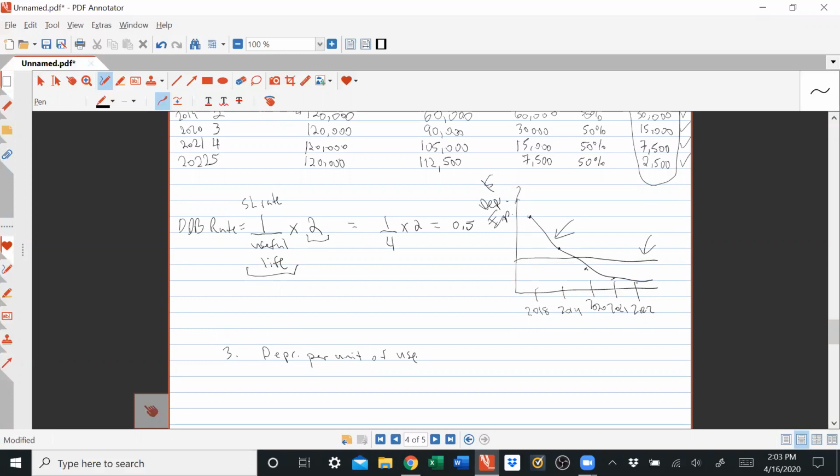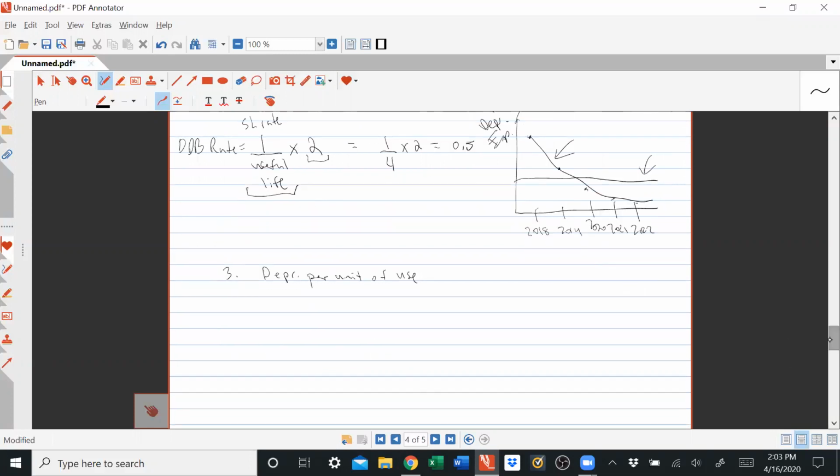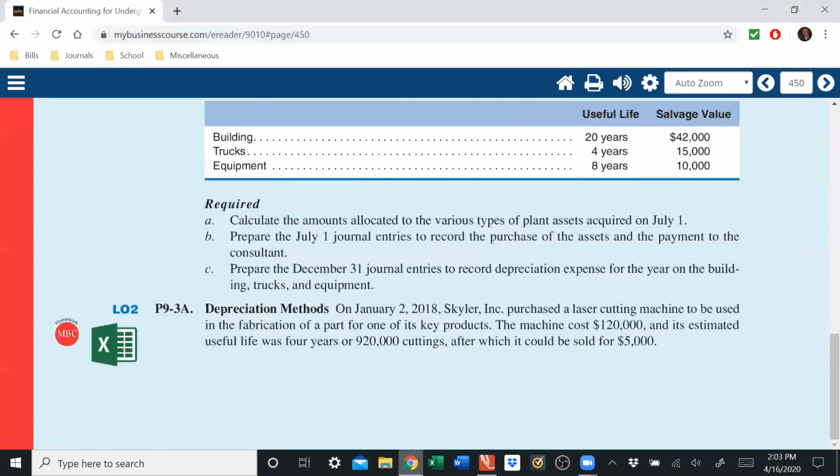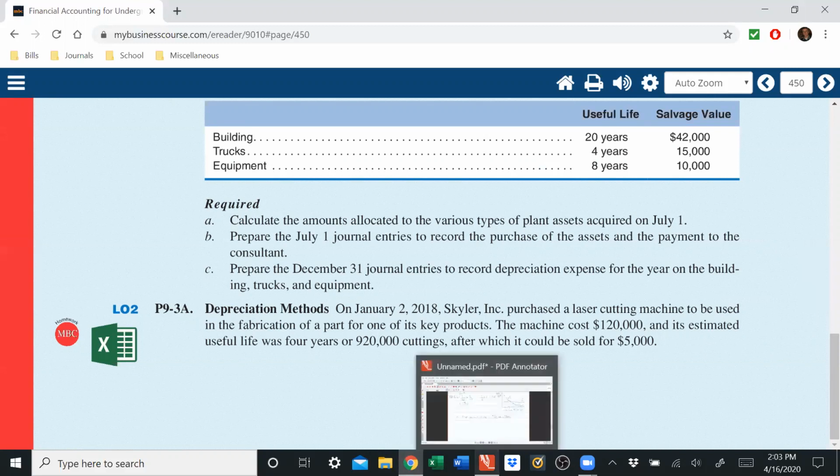If it's a machine, the units of use could be number of hours the machine was used, number of cuttings the machine did. In this case, it's number of cuttings. So the depreciation per unit of use, in this case, it's the acquisition cost minus the salvage value, just like the straight line method, but now instead of dividing by units of time, we divide by units of use. And what did they estimate the useful life to be in terms of use? 920,000 cuttings.